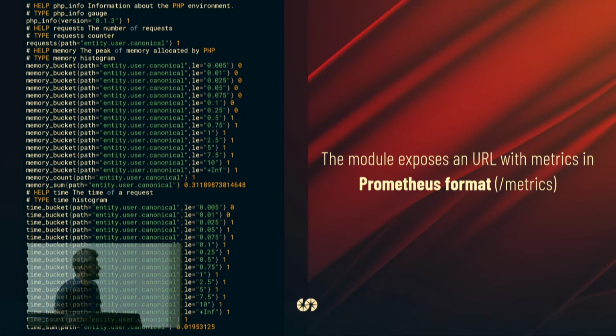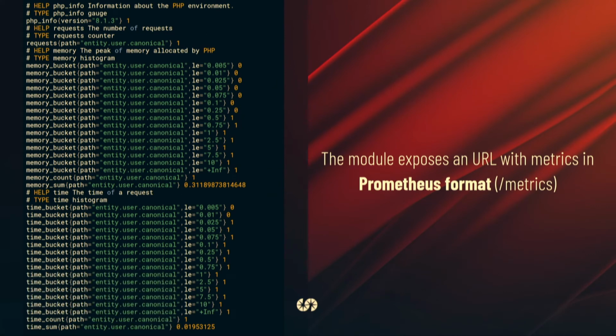And if you go to the /metrics endpoint of Drupal with the observability module installed, you will see all this information in a Prometheus format, which is basically a standard format to export metrics information.